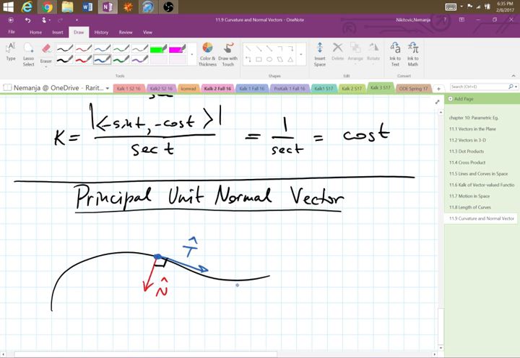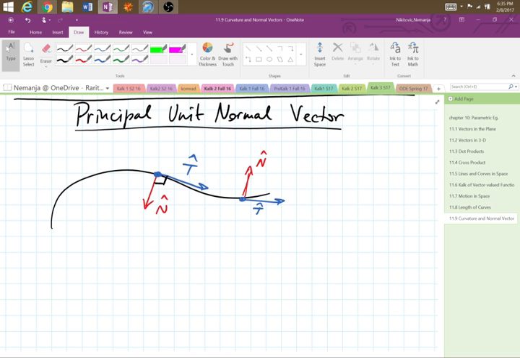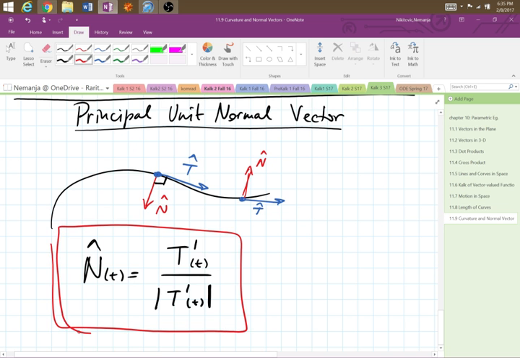So at this point here, the unit tangent vector might look like this, but the normal vector will go like that. That's the formula.